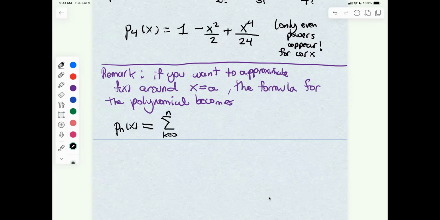Instead of evaluating the derivatives at zero, you evaluate them at a, where a is the number that you care about. That is reasonable. So you evaluate the derivatives at the point a.